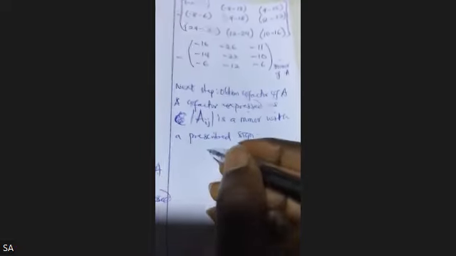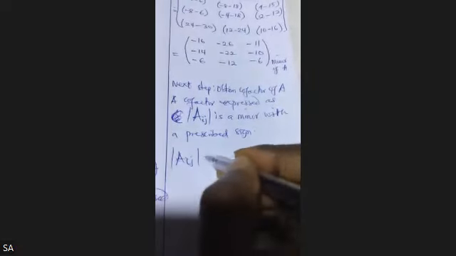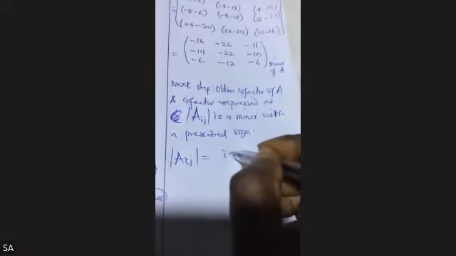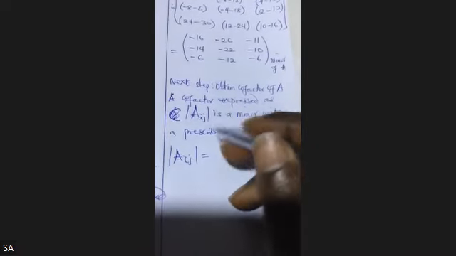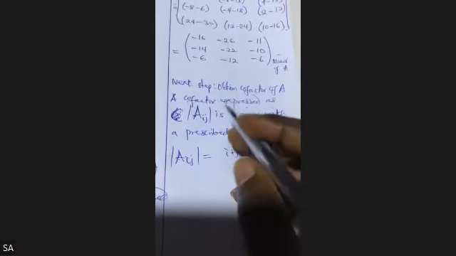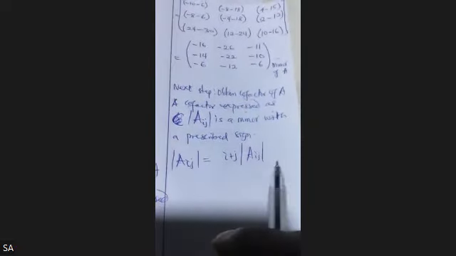Take note of this. So if you want the cofactor of this matrix, it is i plus j, then A_ij here. That means you are putting the minor into consideration.